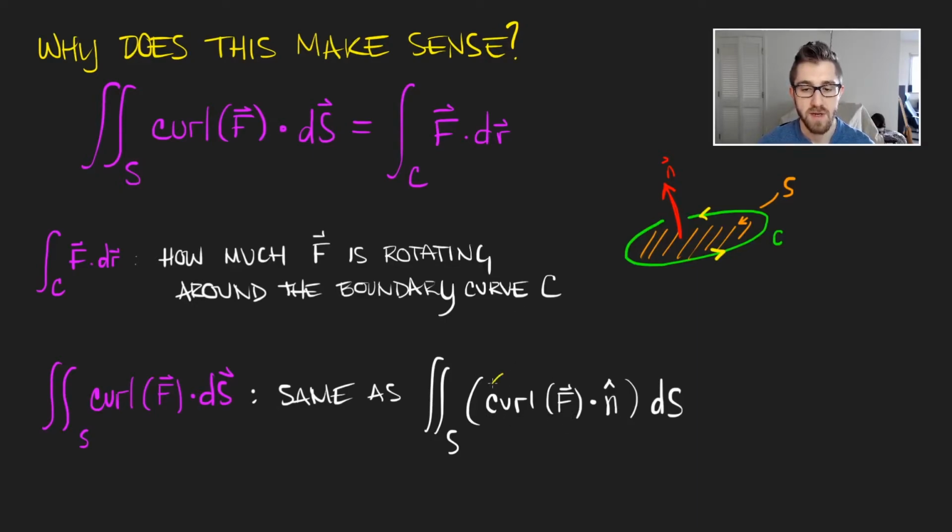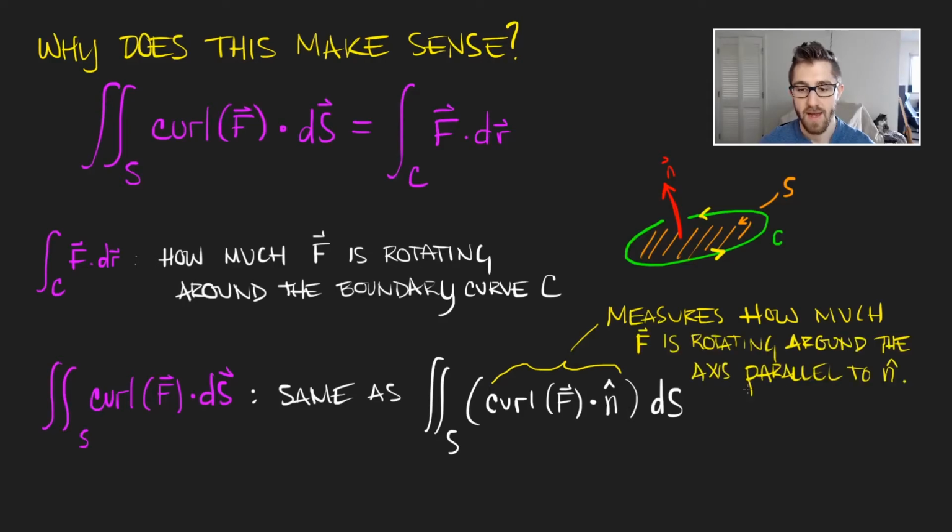But it turns out that there's another way we can interpret it, which is the curl of a vector field is a vector for which if we take the dot product of that with any unit vector, it will tell us how much that vector field is rotating around an axis parallel to this vector at each point in the domain of the vector field.